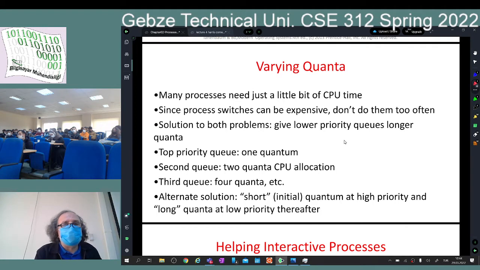But maybe I can say that for some certain priorities, high priority processes, I can keep the quantum time small. For the low priority processes, I can keep it large. So I am trying to find a balance between context switch time and the interactivity. Okay. So that's another thing.